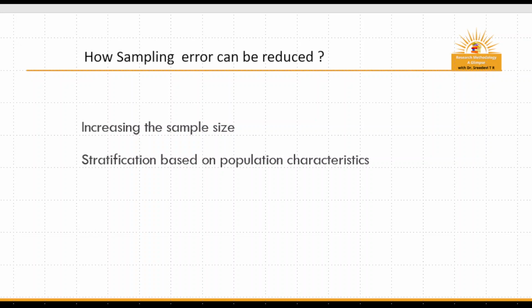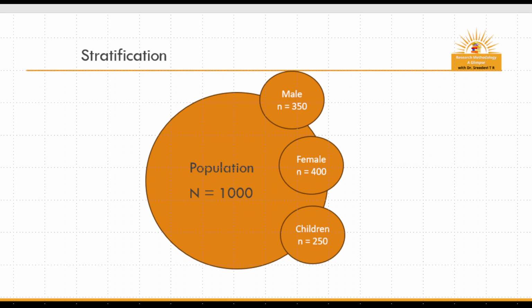Let us discuss this with an example. So here the population n equals 1000. This population consists of different strata: male n equals 350, female n equals 400, children n equals 250. So how do we take samples of male, female and children proportionately from the population of 1000?